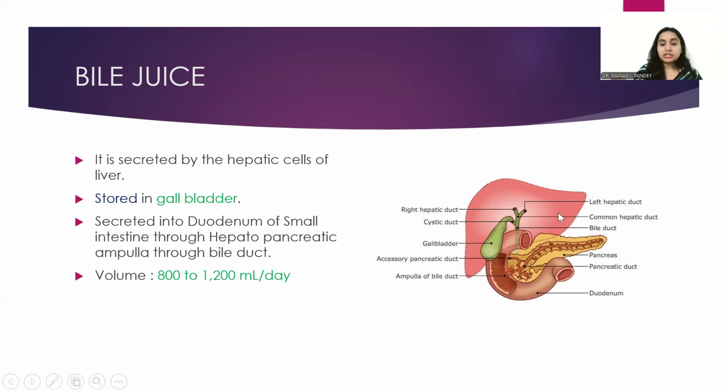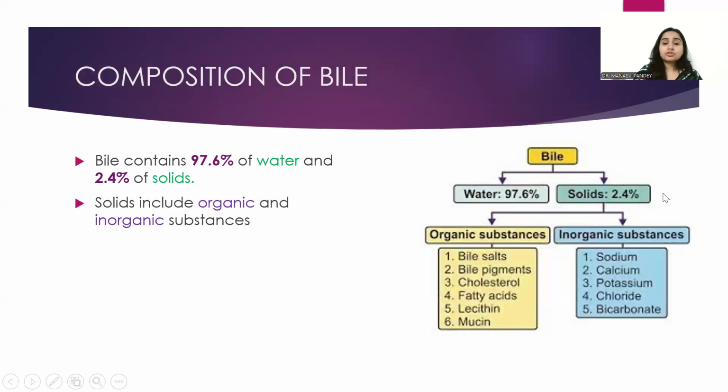So first it is secreted in the liver, then it is stored in our gallbladder, then through the hepatopancreatic ampulla and the bile duct, it finally goes to the small intestine or the duodenum. The amount of bile juice that is secreted daily is around 800 to 1200 milliliter per day.